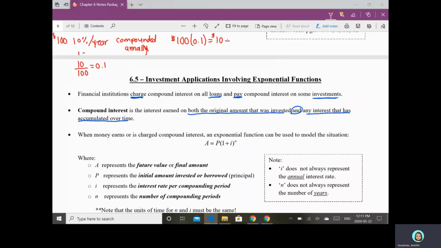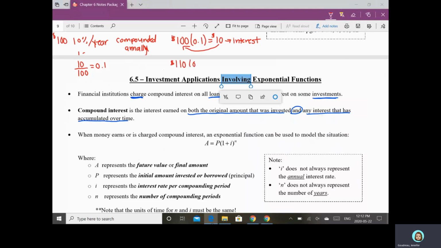That 10 represents $10, which is the amount of interest earned in that year. What we are going to do now is take that interest and add it to the original investment. We are going to compound. That means now our investment is $110.